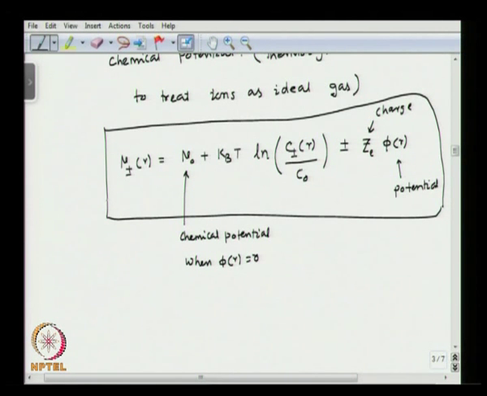And for a given phi r, this is the chemical potential, and this is the Boltzmann constant and this is temperature. And these are the ionic concentrations, and C0 is the concentration or the ionic density at 0 electric potential.